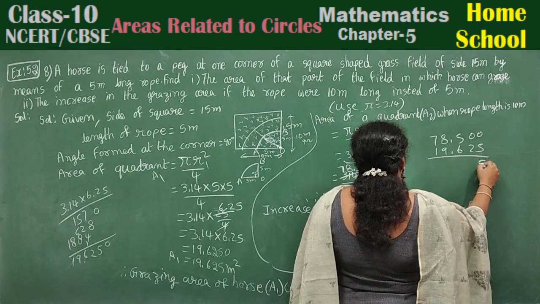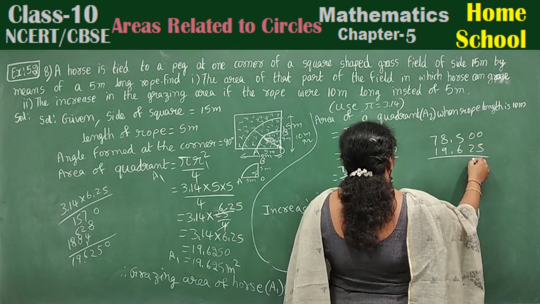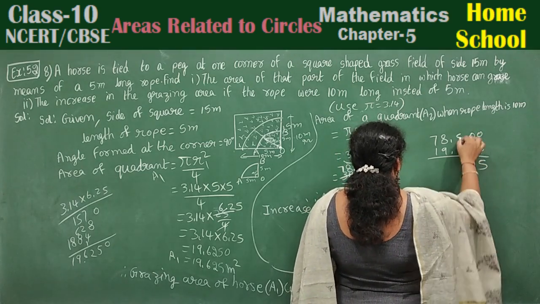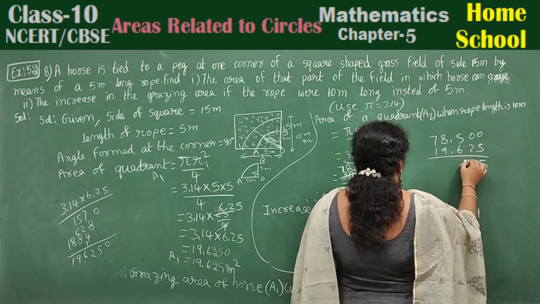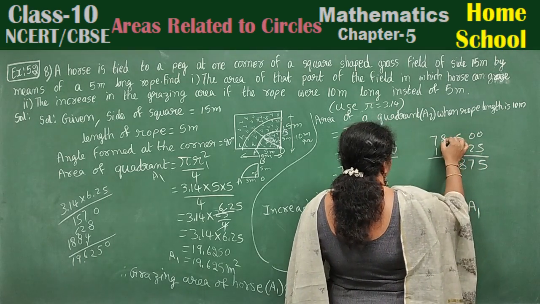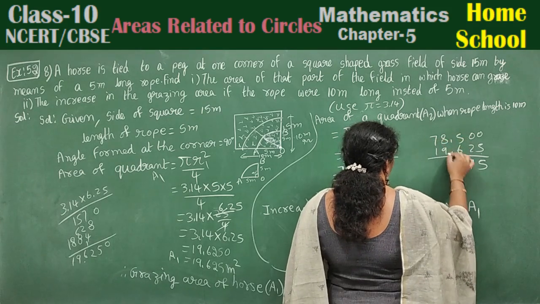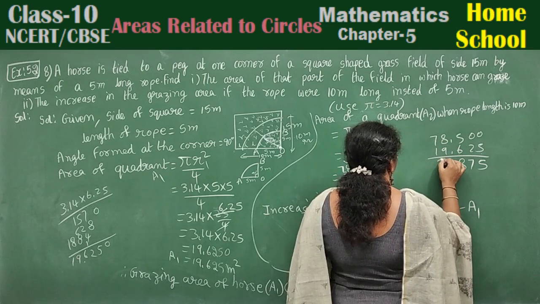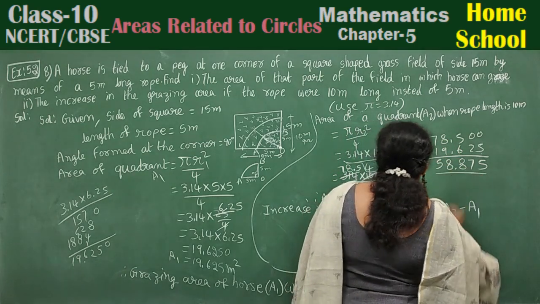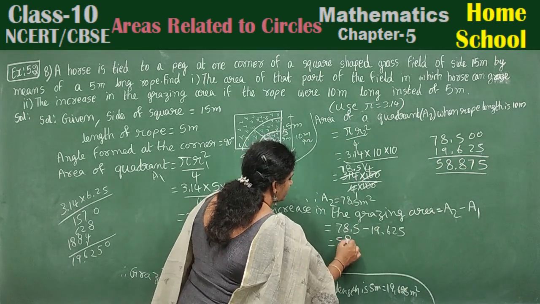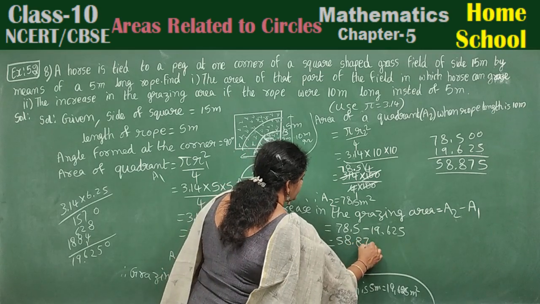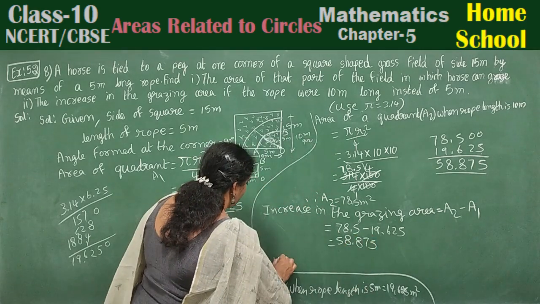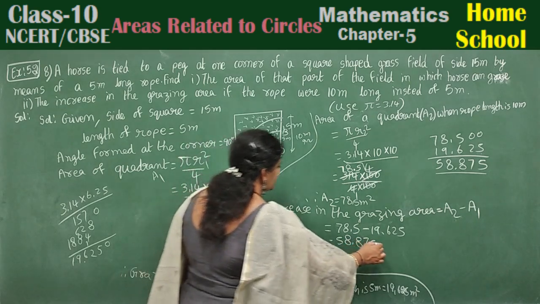10 minus 5 will be 5 and 9 minus 2 will be 7. 14 minus 6 will be 8 and this one will be 17. 17 minus 9 will be 8. This will be 6 minus 1, 5. 58.875. Therefore, what is this one?